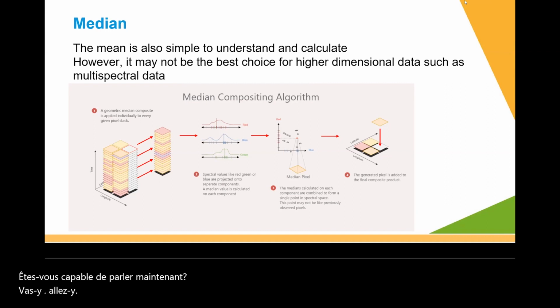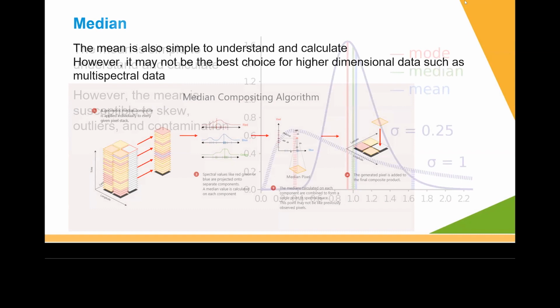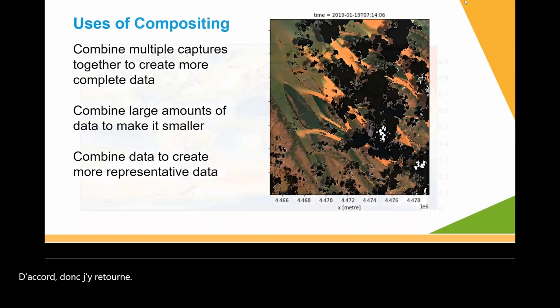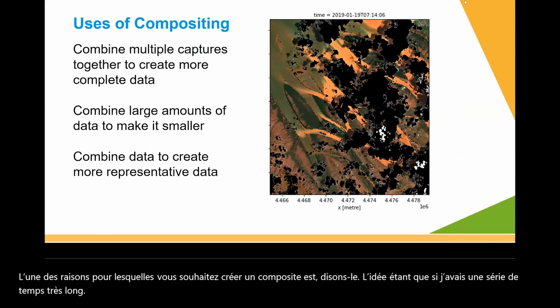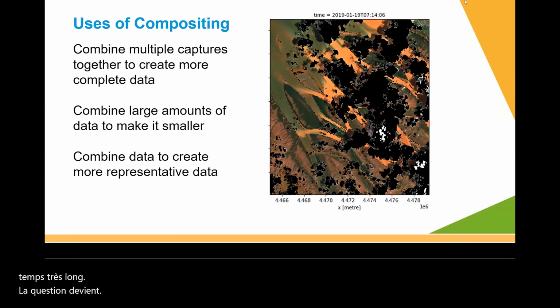Yeah, so can you help me please on the explanation? When you say compositing is used to combine large amounts of data to make it small. Right. So one of the reasons why you would want to create a composite is, if I had a very long time series, the question becomes, how do I sample the time series without having to display every single picture in the time series?